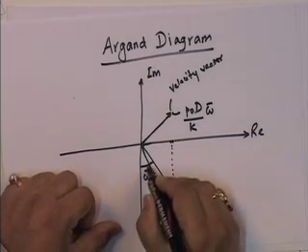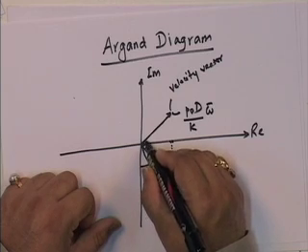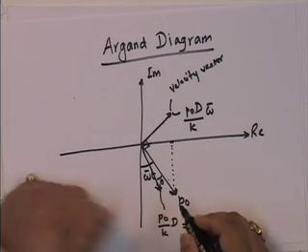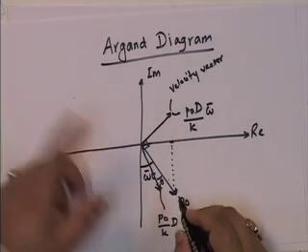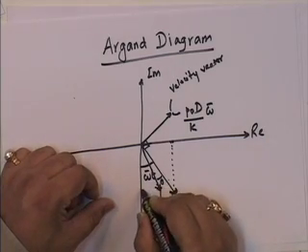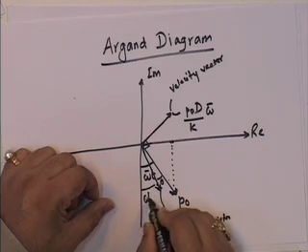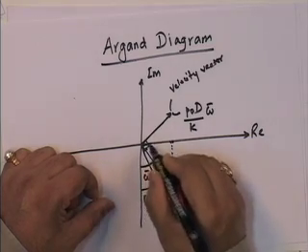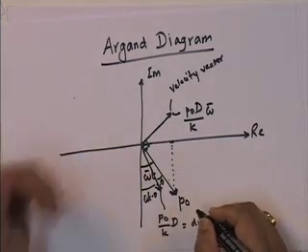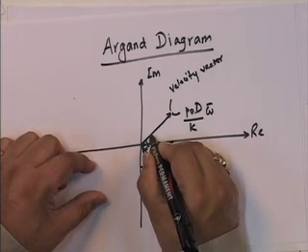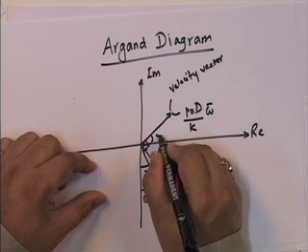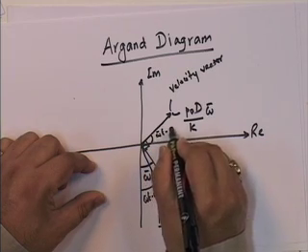Now, if this is omega bar and this is 90 degrees to it, then if you look at it, this is omega bar t minus theta, and this is 90 degrees to it. So, let us see, this angle would be omega bar t minus theta, isn't it?